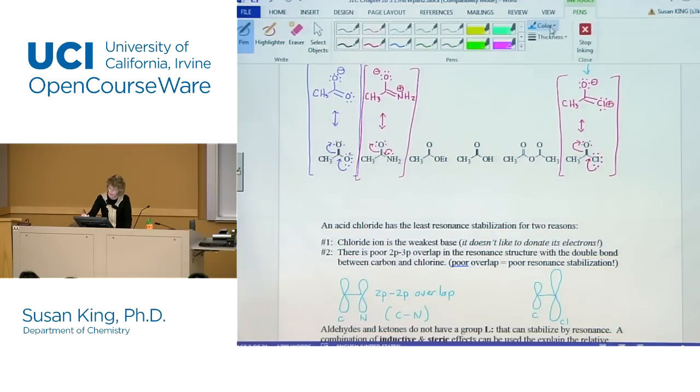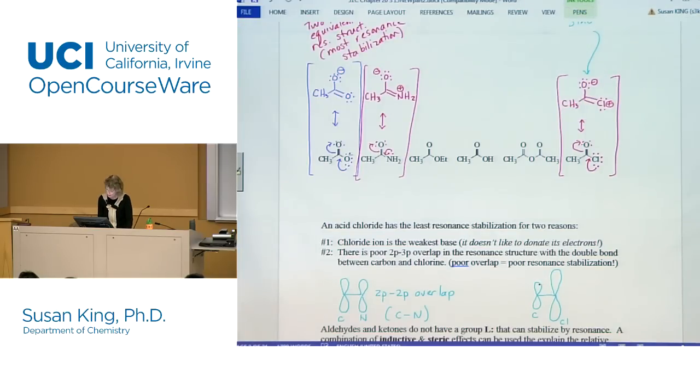And if you actually look at the area that's overlapping, it's not very much. Right here is where we get the overlap, right in here and right in here. And you can see that on the chlorine, most of the electron density is far away from that overlap part. So there's not as good of overlap.